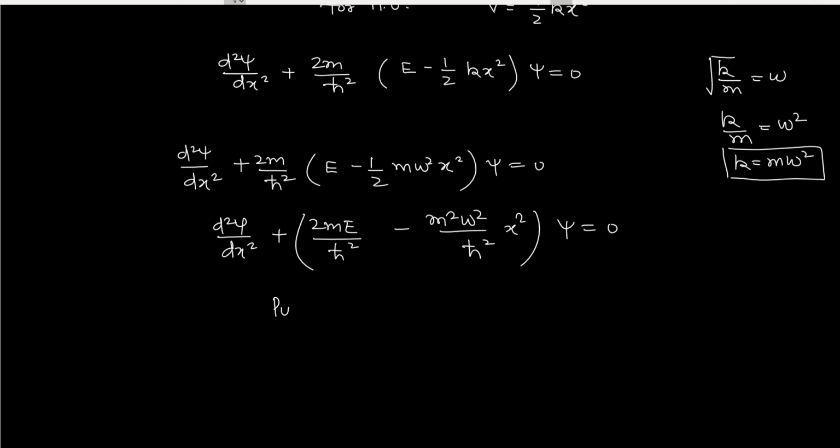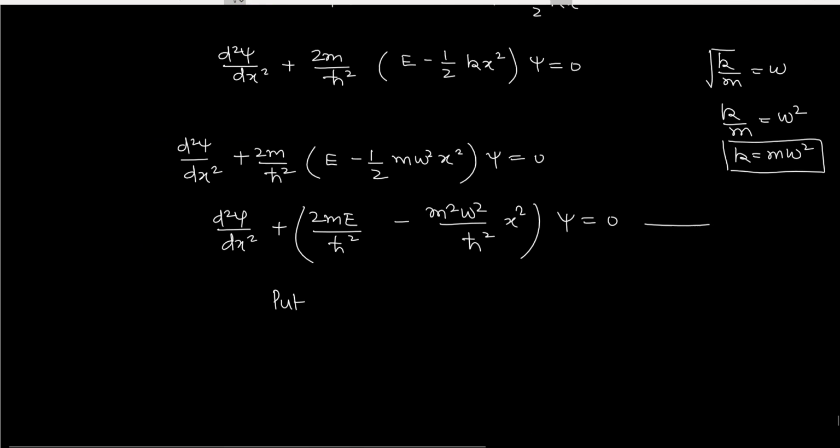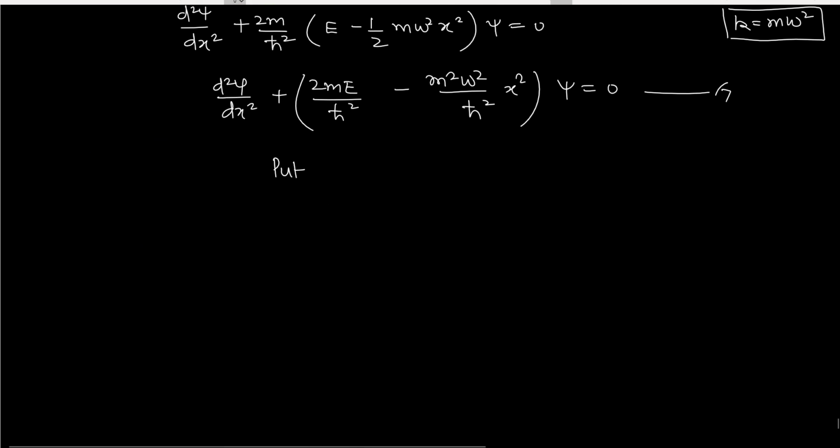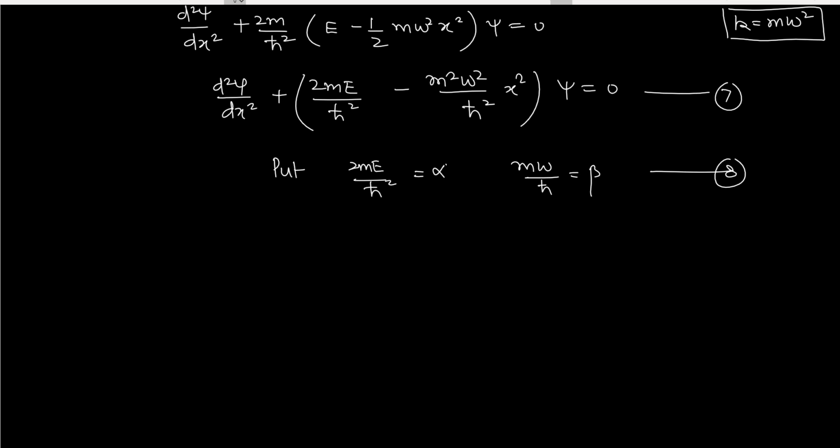So if we mark this as equation number 7, put root 2mE upon h cut square equal to alpha and m omega upon h cut equal to beta. We mark this as equation number 8.